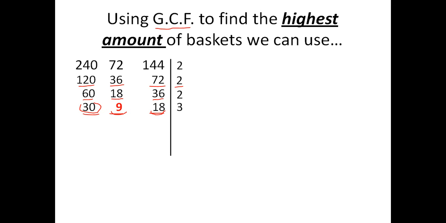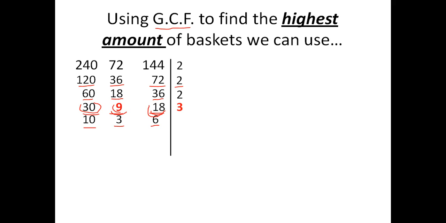So now the division comes like this: 30 divided by 3 is 10, 9 divided by 3 is 3, and 18 divided by 3 is 6. This is 10, 3, and 6.